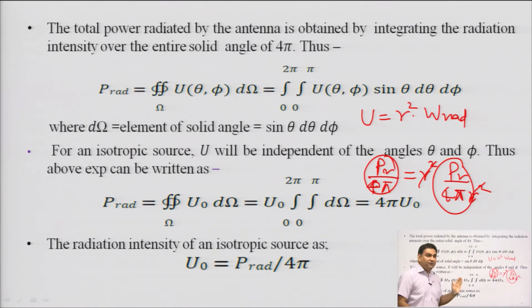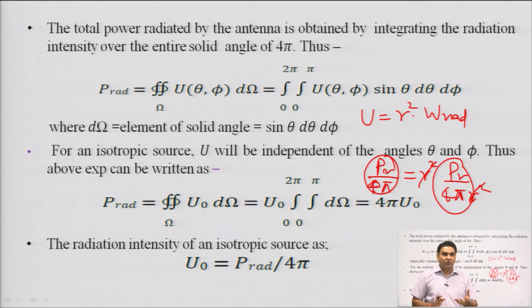Anyway, if we generalize the expression for the radiation intensity, we can say that the radiation intensity is a term which is not dependent on the distance factor r. It is only dependent on the angle terms, theta and phi, the directional terms.